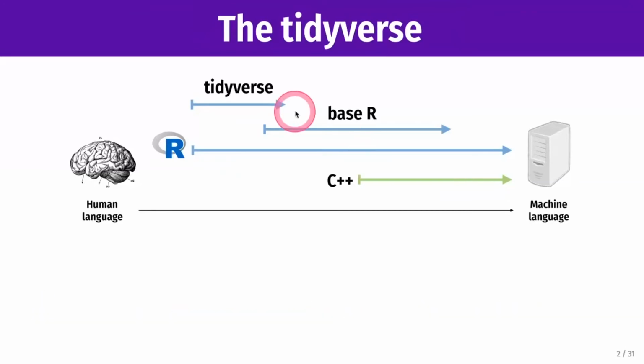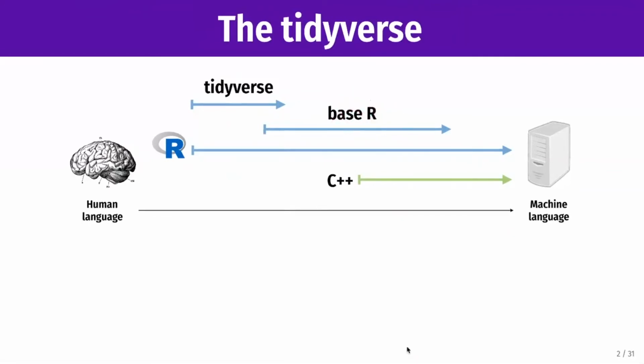What it does is it makes R feel more like human language rather than machine language. If you have a language like C++ or Java, it's a really esoteric way of programming. You have to think about variable types, and you use lots of brackets and curly braces, and it's trickier to use. Base R by itself without any packages works kind of like that.